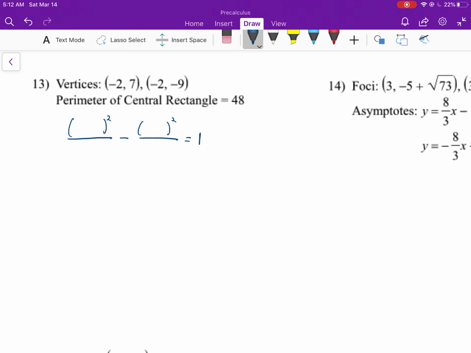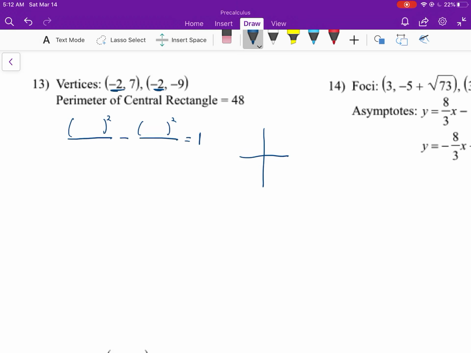All right, so we have our vertices. Our negative 2, 7, and negative 2, negative 9. If you've been thinking through this, you're going to realize that if the X values are the same, this is going to be a vertically facing hyperbola, and that same concept works with ellipses also.